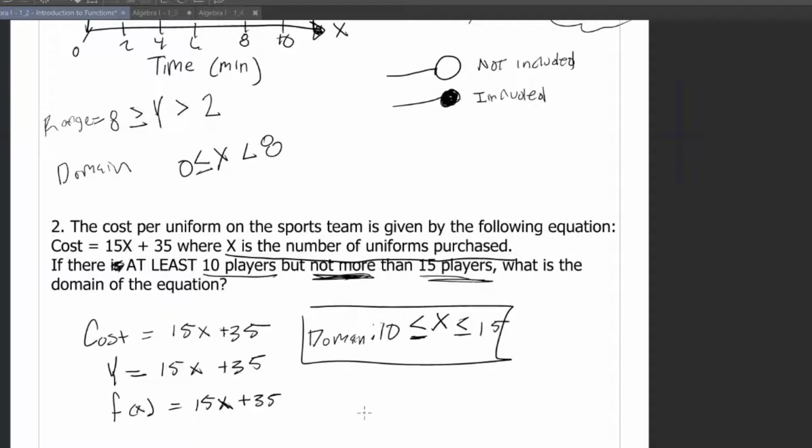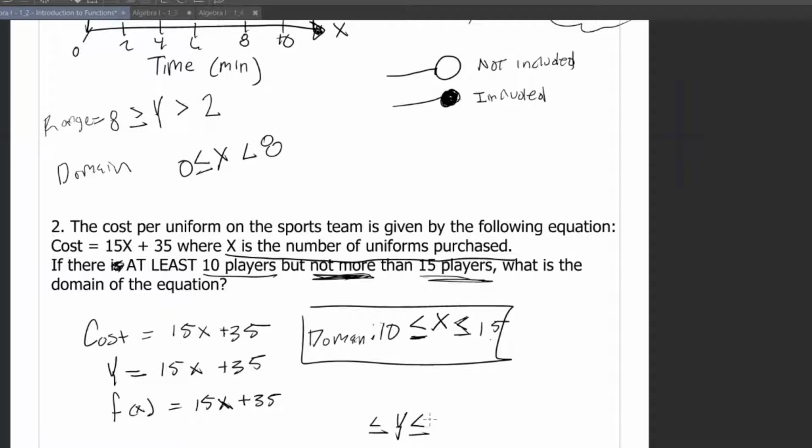Not part of the question, but if they ask, what is the range of the equation here? What you would do is say y, same thing, since you are including these values inside of the domain, right?